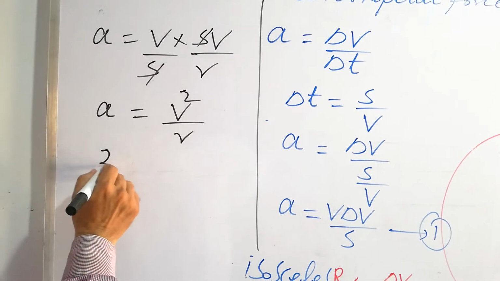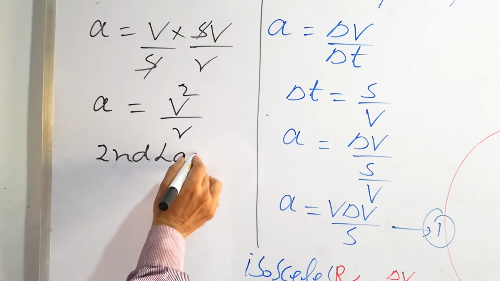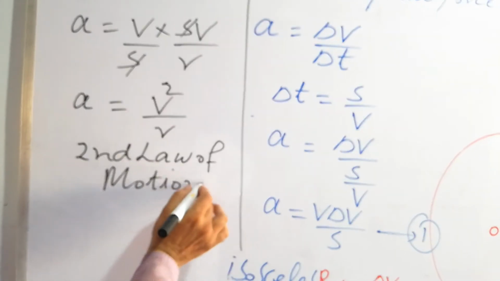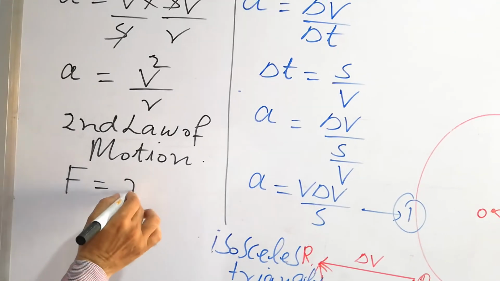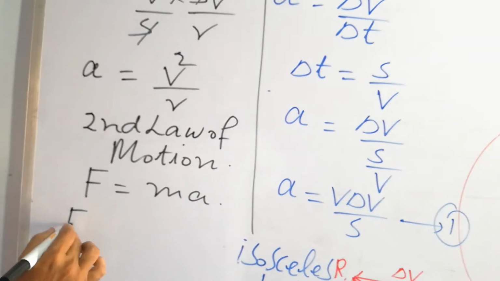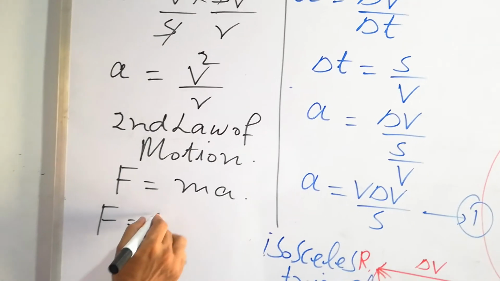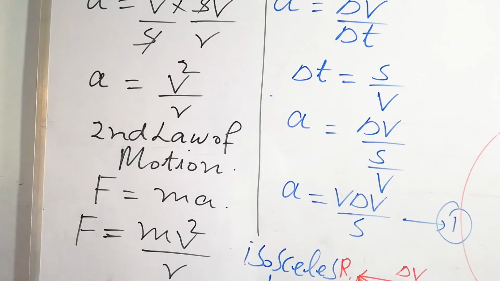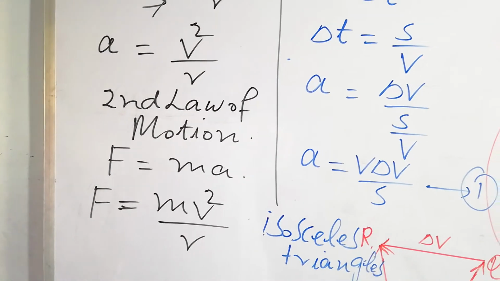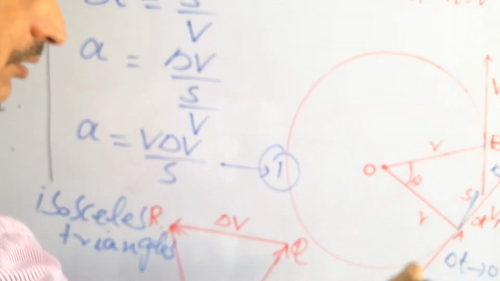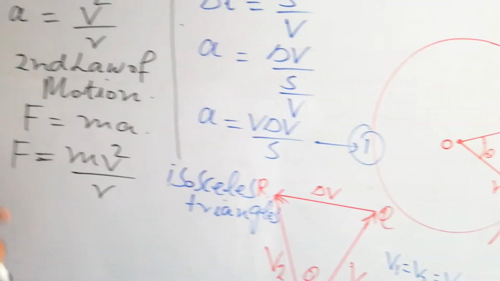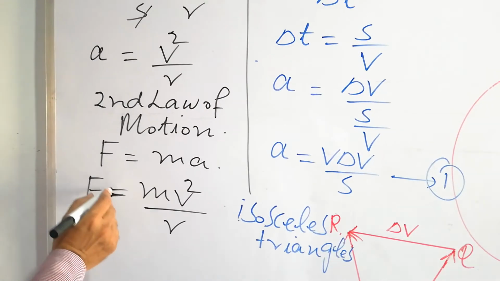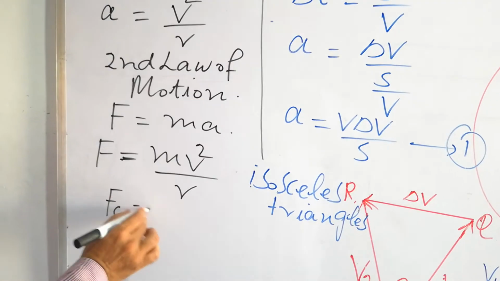And according to the second law of motion, we have F is equal to ma. So putting the value of the acceleration, we have mv square over r. As the body is moving in a circle, that's why this force is named centripetal force.